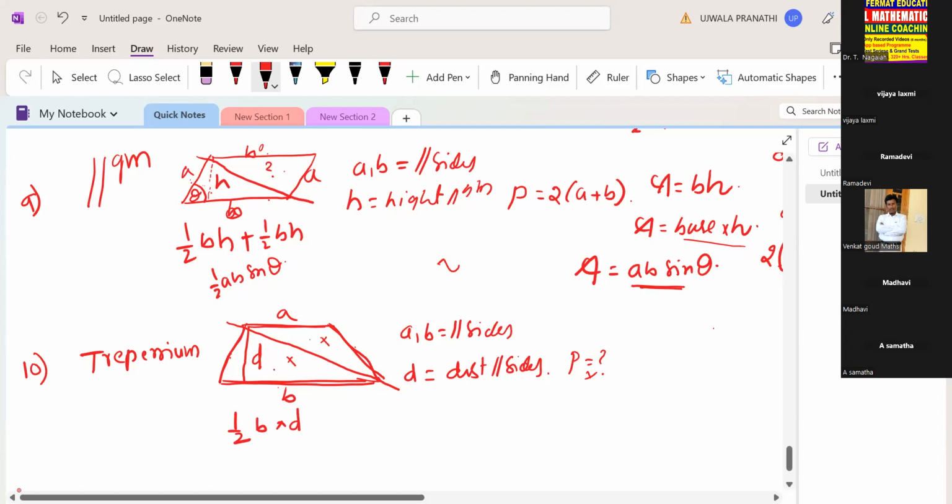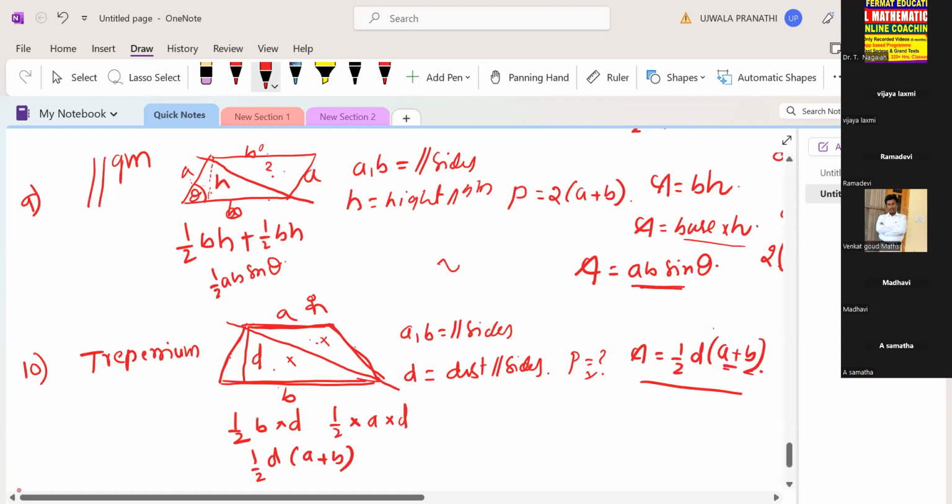Now, what is the area of this other triangle? Again, half into A, this is the base, into D, which is also the height of this triangle. Now, half into D will be common. Then we get A plus B. So the area of the trapezium is equal to half into D of A plus B.